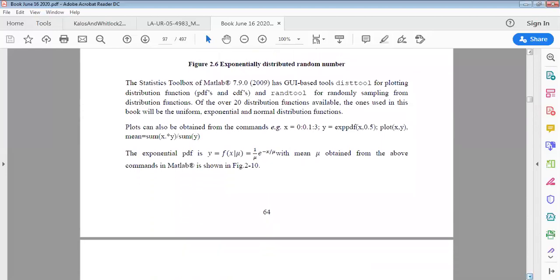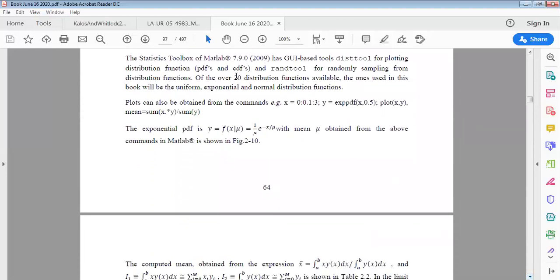Now let's look how MATLAB can teach us these things very fast. So you go to a graphical user interface. So you give the command distribution tool, this tool, and you can plot so many PDFs and CDFs on MATLAB. So I have a very old version of MATLAB, but I think now I've updated it.